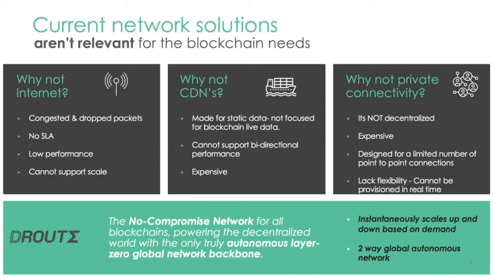You've got to get a private circuit from a specific service provider or a network operator. It's extremely expensive. It's actually designed for a point-to-point connection, right? It doesn't support a peer-to-peer broadcast primitive, which is a fundamental protocol in all blockchains.